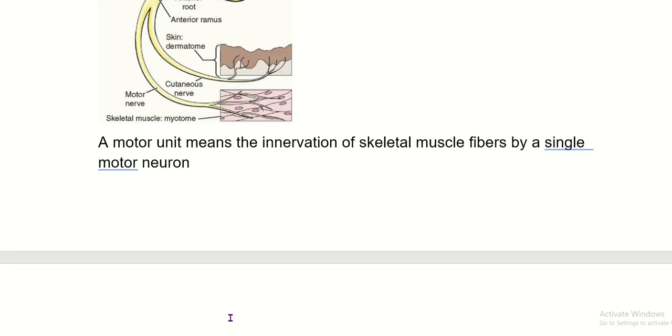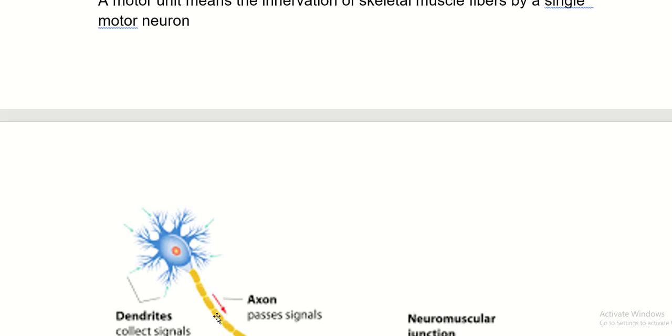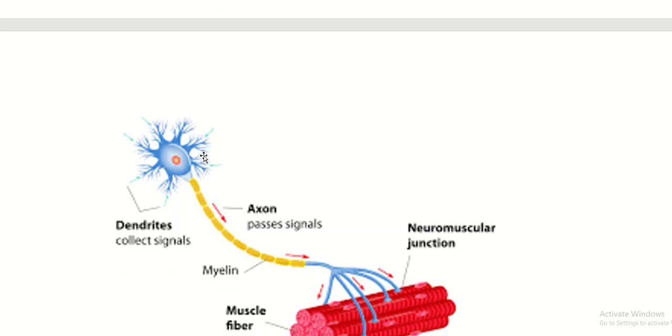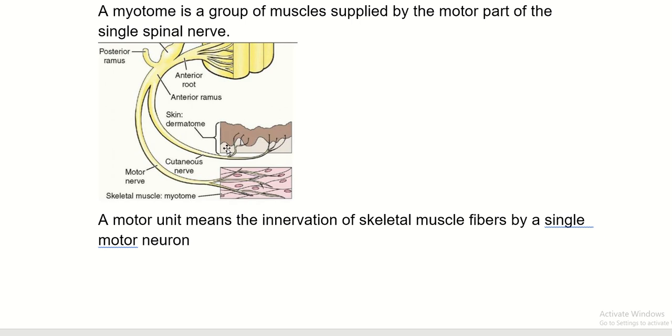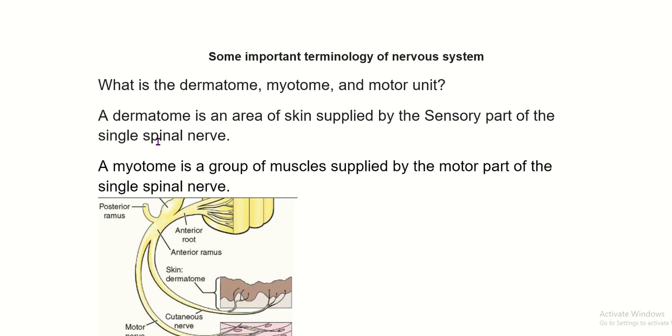What is a motor unit? When a single motor neuron, a single axon, supplies a few fibers of the skeletal muscle, this collection is known as the motor unit. So what is the functional importance of this? By dermatome we can understand the sensory supply of the body.